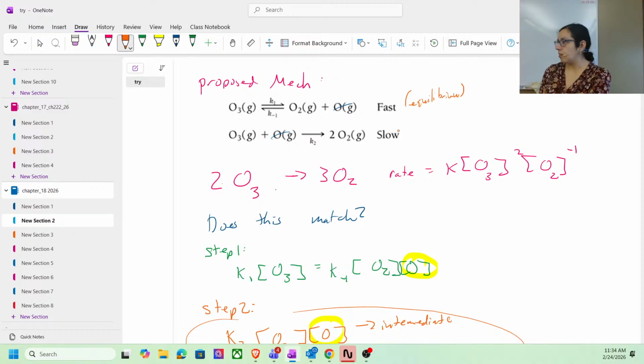The exponent of negative 1 on the diatomic oxygen? What do you mean? With the rate law, for example, the ozone is to the power 2, and then the O2 is to the power negative 1.